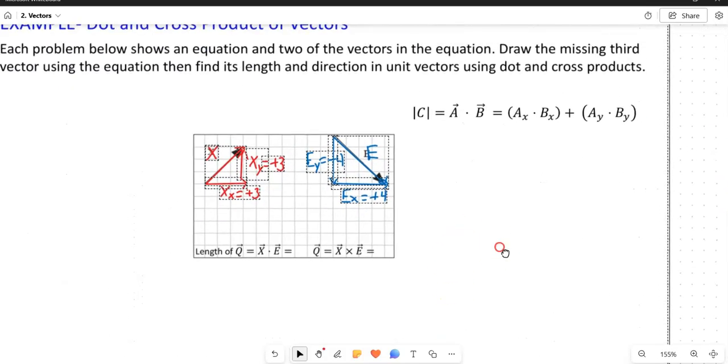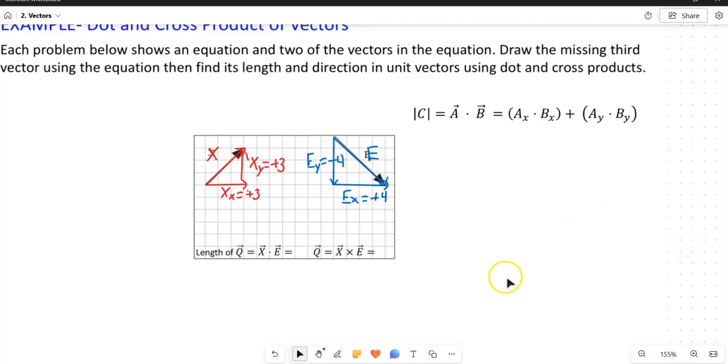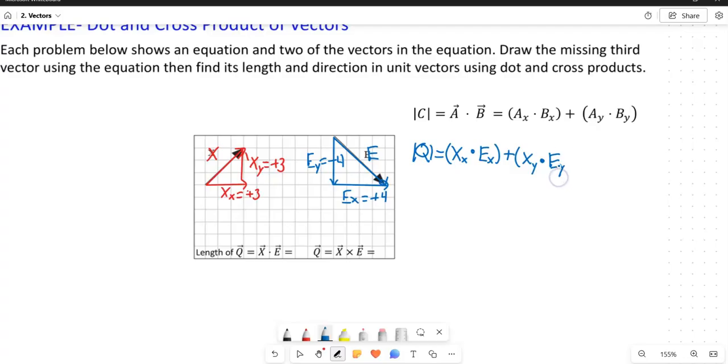We're going to take the parallel components of them, and we're going to multiply them together, and that will be the overall length of Q. So in other words, since we're solving for Q here, to find the length of Q, we're going to take the x direction components of x and multiply them by the x direction components of e, and we're going to add that to the y components of x times the y components of e.